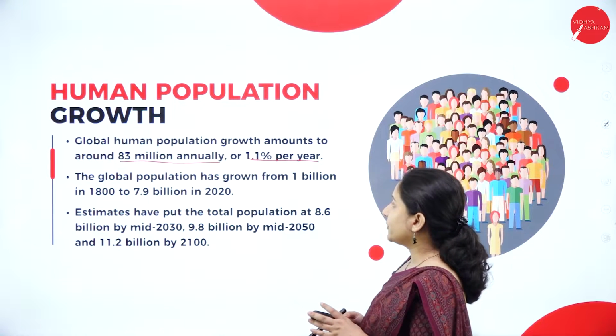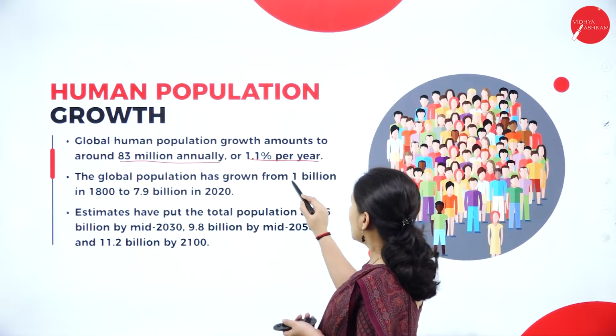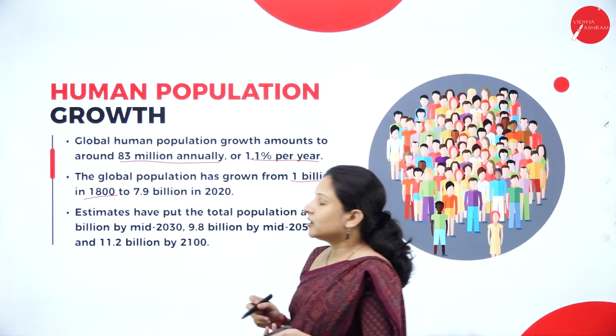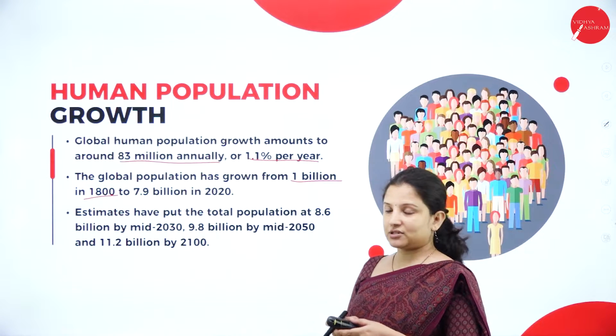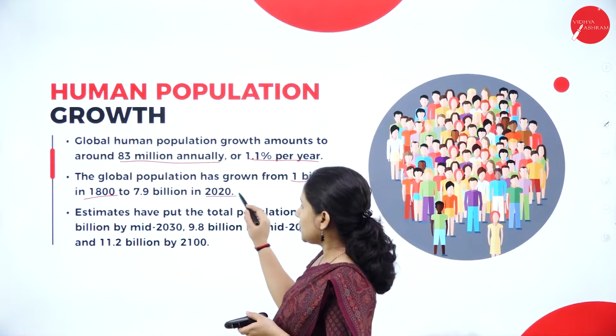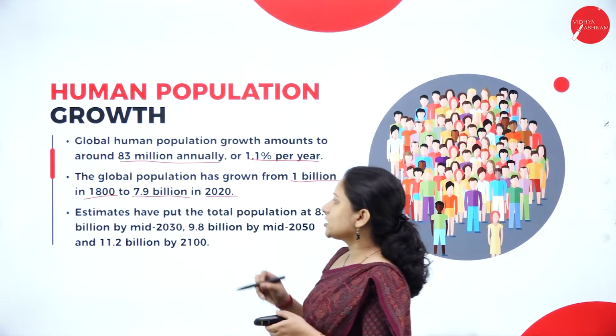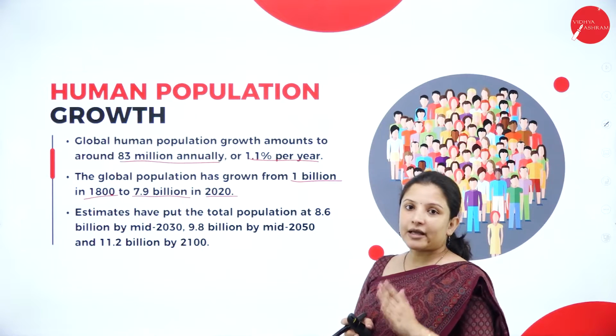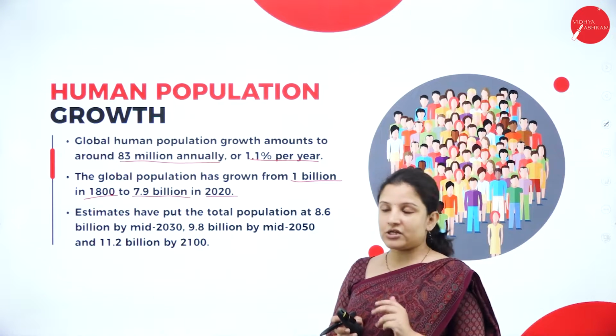And the global population has grown from 1 billion in 1800, when the population census was taken, to 7.9 billion in 2020. So from 1 billion to 7.9 billion it has reached.